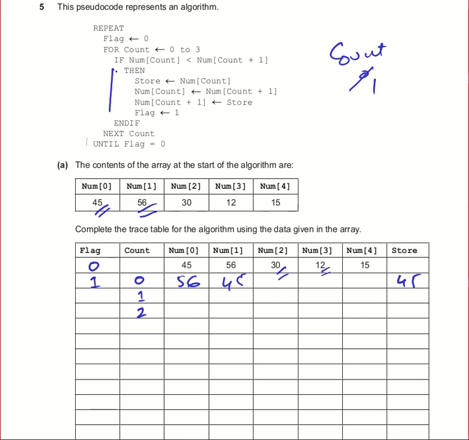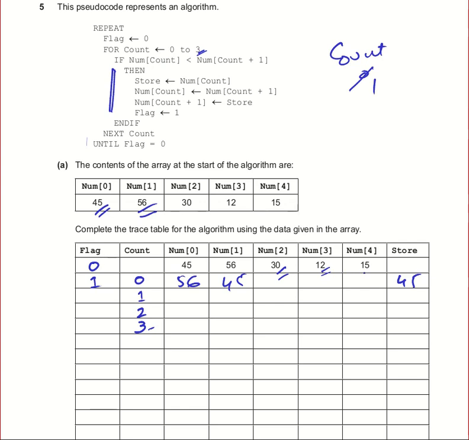Again it is going to skip these lines and increase the value of count by 1. This becomes 3 now. It has still not exceeded the final value that's written over here, and again it's going to go inside the loop and compare the value of num count. So count is what? It's 3 now. So which means num 3 is less than num 4.